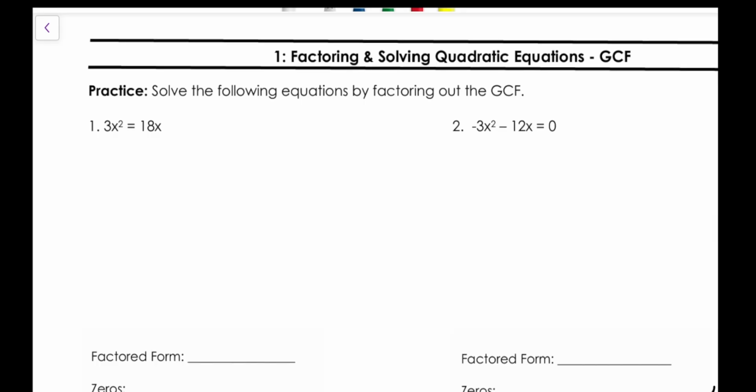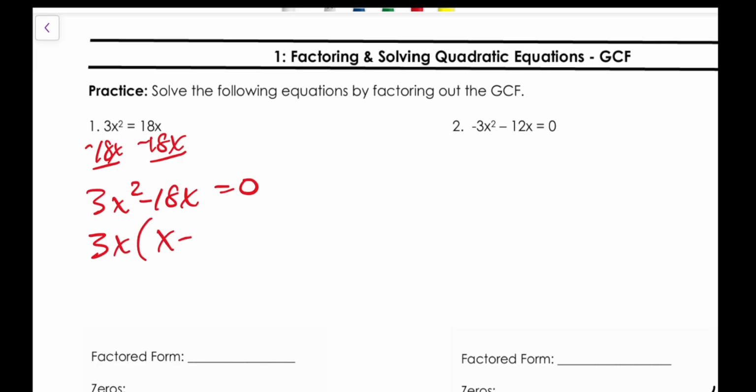So, factoring and solving together. First, you need to make everything equal to 0. So, that means perhaps taking away 18x from both sides. So you get 3x squared minus 18x equals 0. Take out the GCF. So 3x and then x minus 6 equals 0.